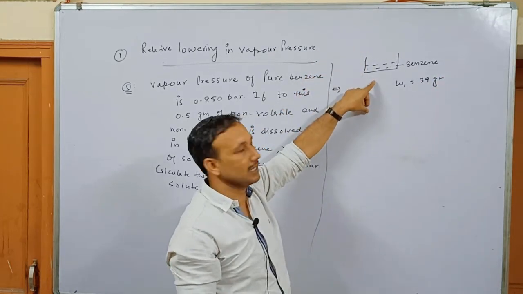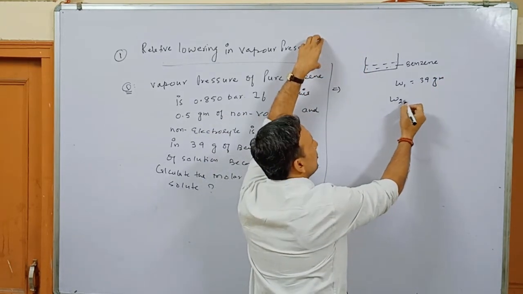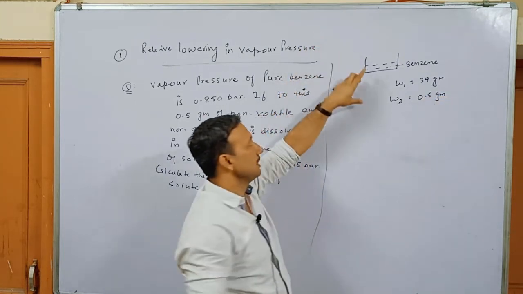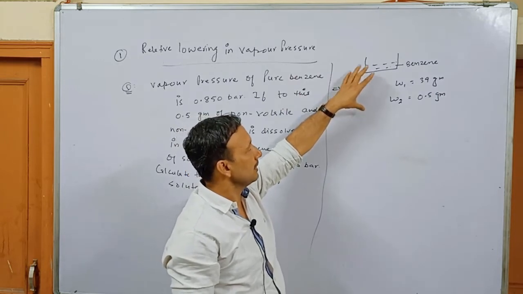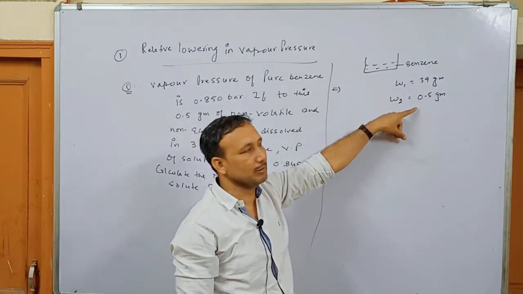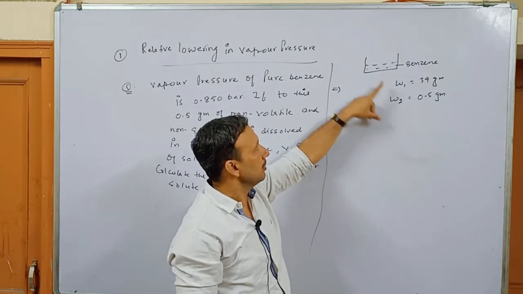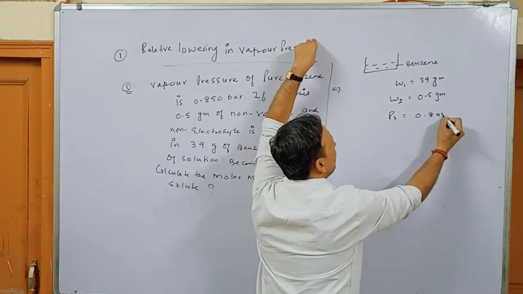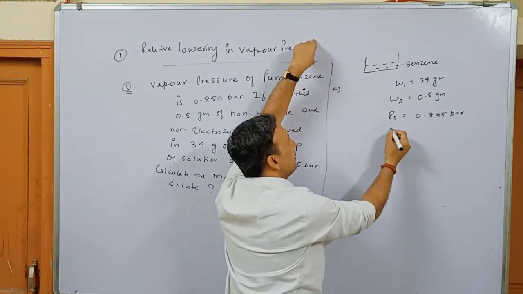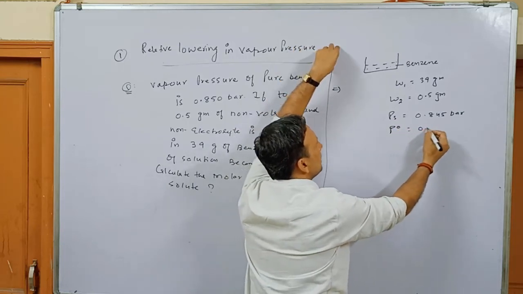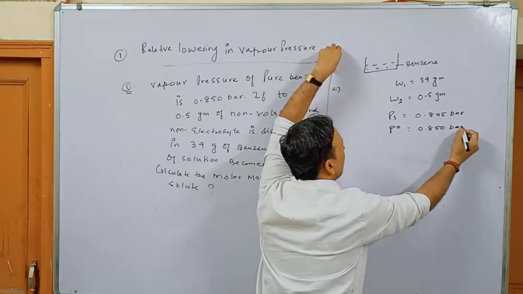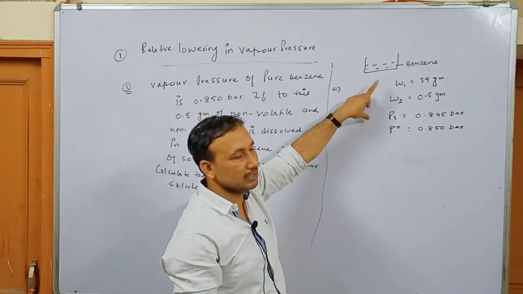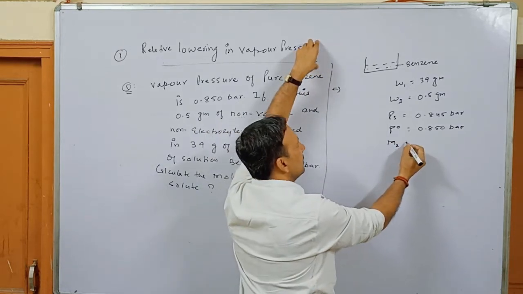To this 39 gram of benzene, a non-volatile solute whose mass is 0.5 gram is dissolved to form a solution. Then after dissolving 0.5 gram of this non-volatile solid solute, vapor pressure of this solution, that is Ps, becomes 0.845 bar, and vapor pressure of pure benzene is equal to 0.850 bar at the same temperature. Then we have to calculate the molar mass of this non-volatile solute.